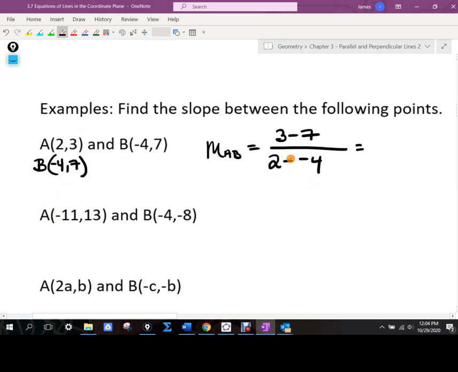So what does that minus a negative turn into? Addition. Okay? So that is one of the key errors that people make, or the most common errors that people make. So if you know you're doing these wrong or getting the wrong answer, maybe it would behoove you to write down the actual formula so you can see subtracting negatives and that kind of stuff. And then 3 minus 7 is negative 4, right?